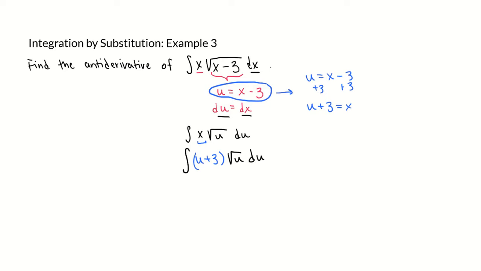And it may not be immediately clear that this is better, that this is easier. It looks like we pretty much have something that looks the same as what we started with. But if we change the way that things are written a little bit, then we're going to be able to do something here. So let's change the square root to u to the 1/2 power.